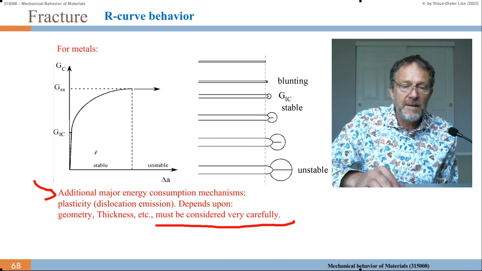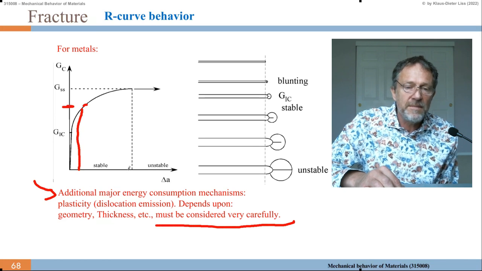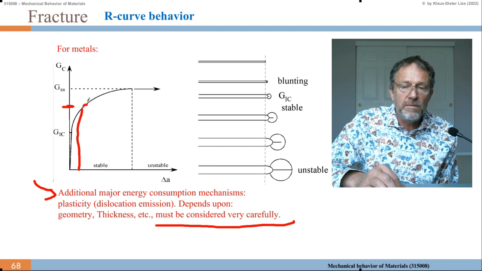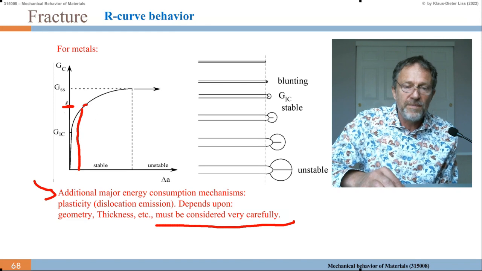and that means if we are in this region, we increase by delta A, the G increases also, the G critical also increases together with delta A, so it may not grow. It will not grow because I consume more energy to grow the crack rather than winning energy by the stress release.